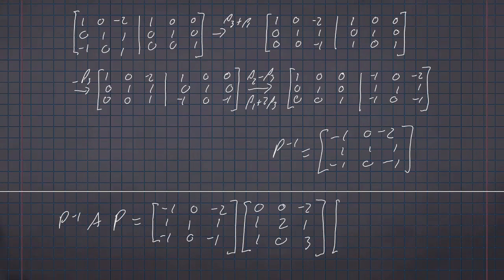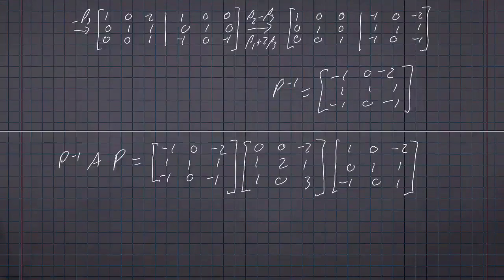There it is. 1, 0, negative 2, 0, 1, 1, negative 1, 0, 1. Multiply these three matrices together.